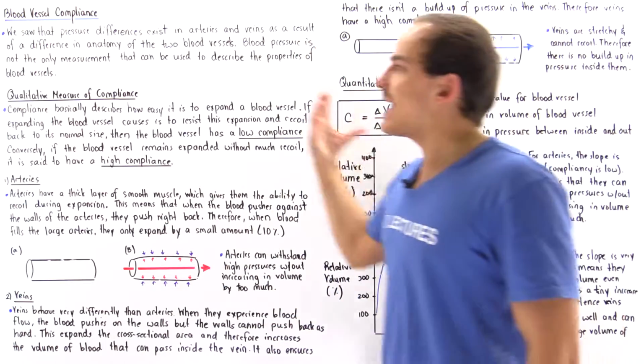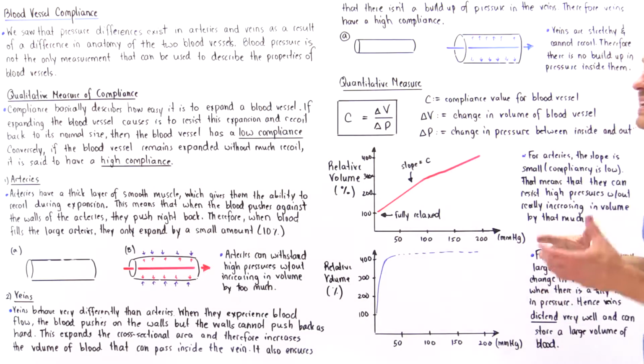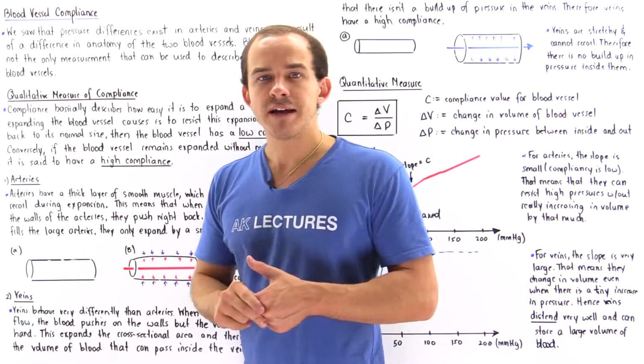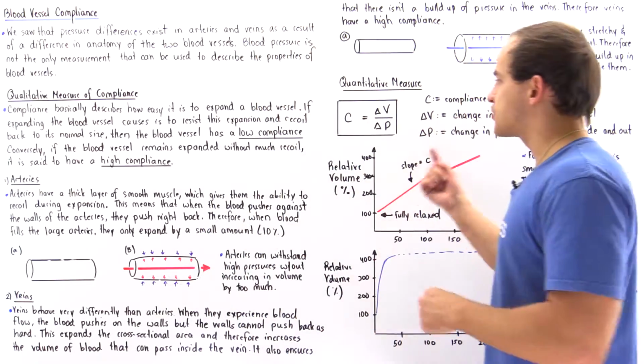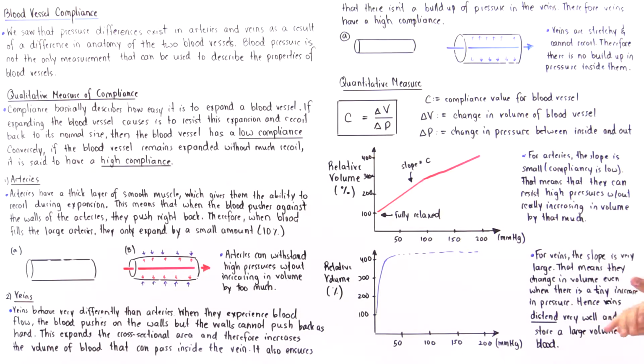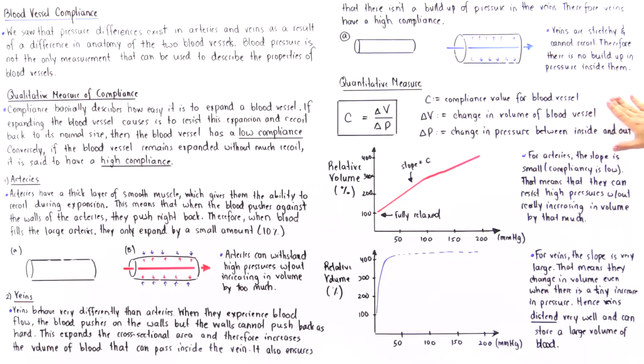Now, this is a qualitative discussion. What about a quantitative discussion? Is there a formula that describes the compliance of our blood vessels? And the answer is yes. So this is basically a linear equation that describes our compliance, where C is the compliance of that given blood vessel.